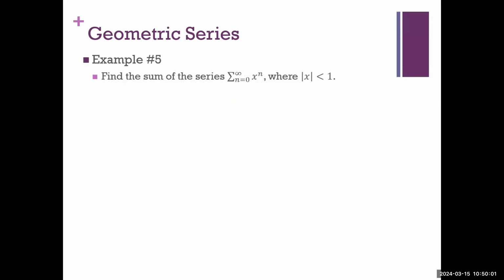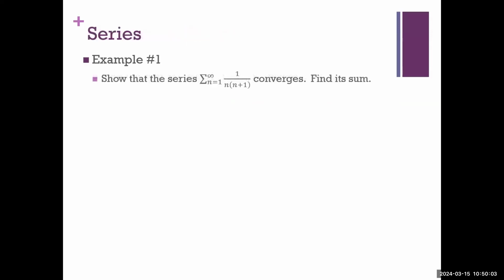I don't think we did that one. So I have this series here, so we're getting away from geometric series onto some more general things. This is not a geometric series. The new kind of series we'll talk about, but I'm telling you this one converges, and we are actually able to find its sum.